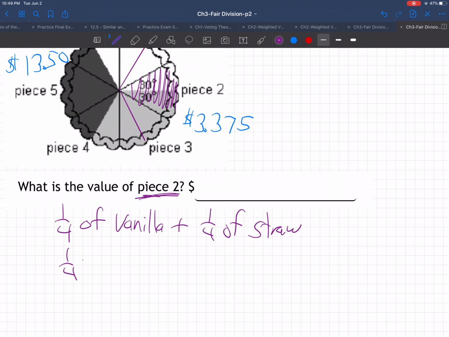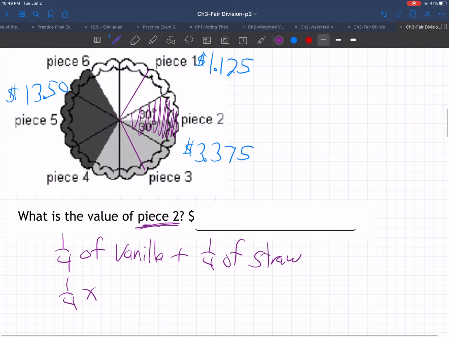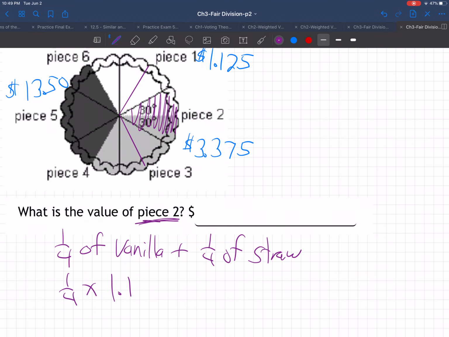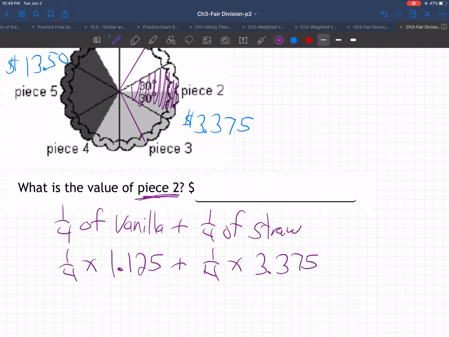So a fourth of the vanilla, what's the whole vanilla section? 1.125 plus a fourth of the strawberry. The whole strawberry section is 3.375. So use your calculator, divide both those by 4 basically, and add them up.